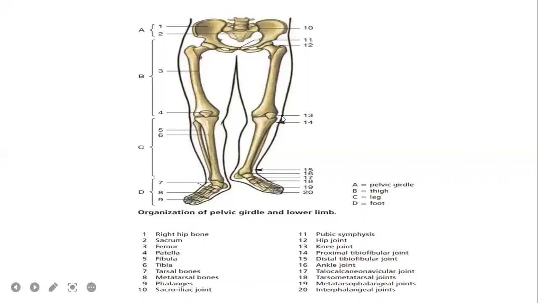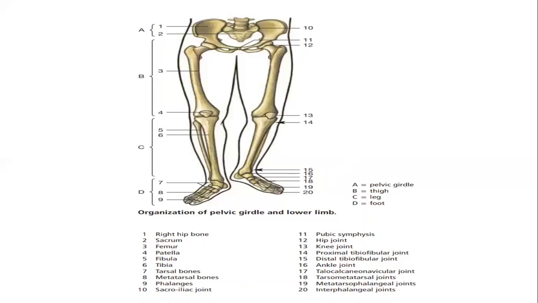We also have the part labeled as 13, and this is the knee joint. 14, with regard to its anatomy, is known as the proximal tibiofibular joint, and the part labeled as 15 is the distal tibiofibular joint, while 16 is the ankle joint. 17, we have the talocalcaneonavicular joint, and the part labeled as 18 is the tarsometatarsal joint.